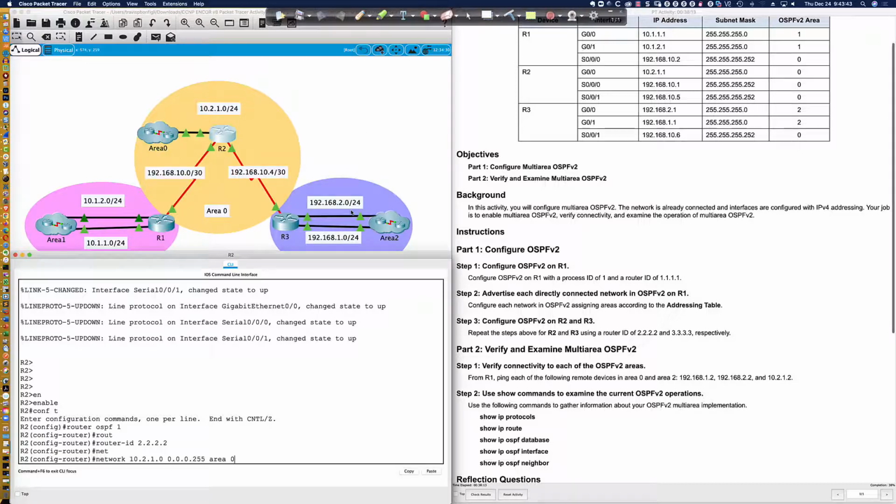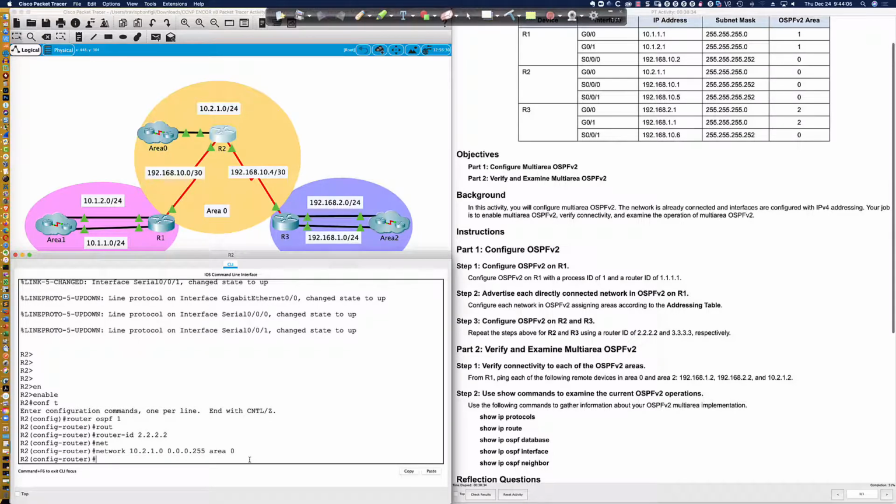In other words, I can't directly connect area 1 and area 2 together here. I can't directly connect area 1 and if we had an area 3 up here. You can't directly connect them. They all have to be connected to the backbone area, area 0. Think about why that might be the case. What is the purpose of that? And I'll work through the rest of this activity here.